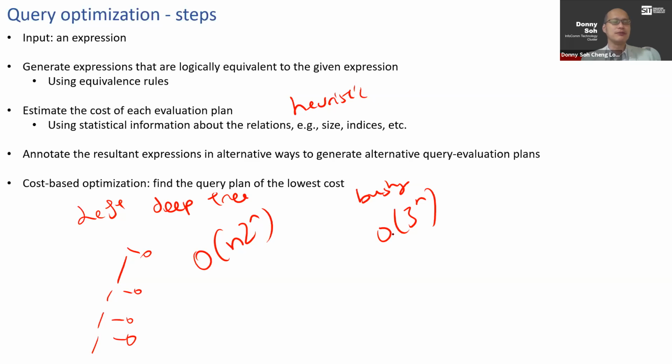So this is a very expensive operation, even with the usage of dynamic programming. So what we are showing in this module actually is more like a heuristic, how we can easily estimate the costs of different plans.